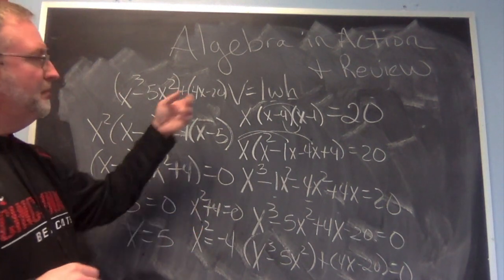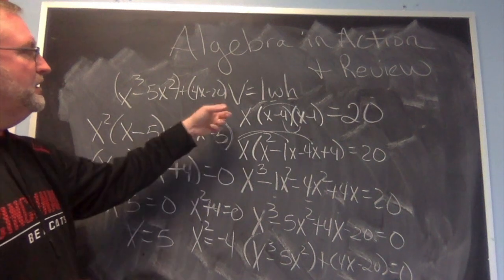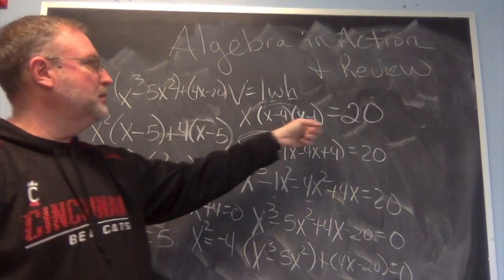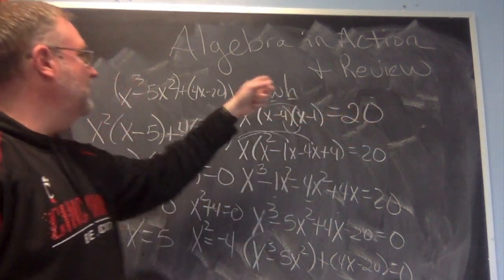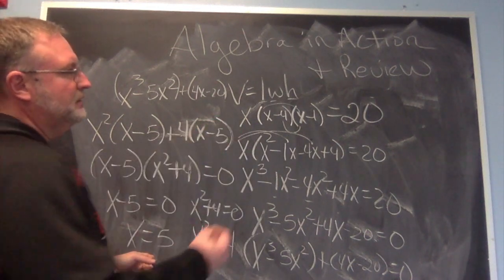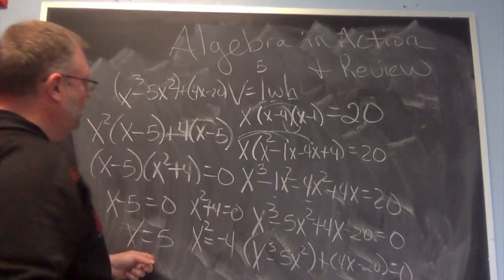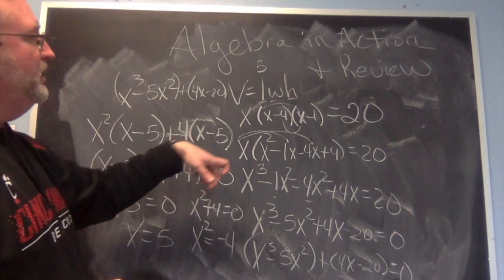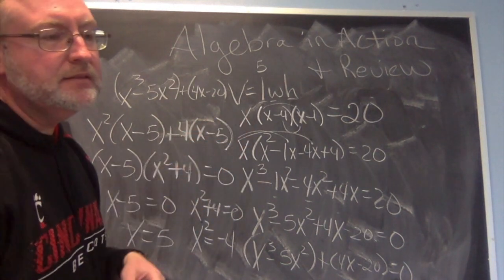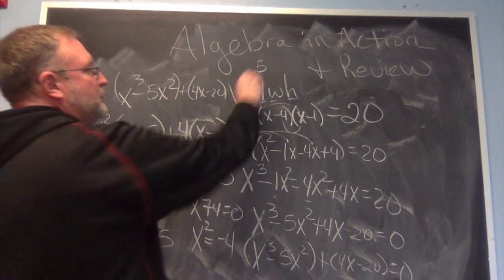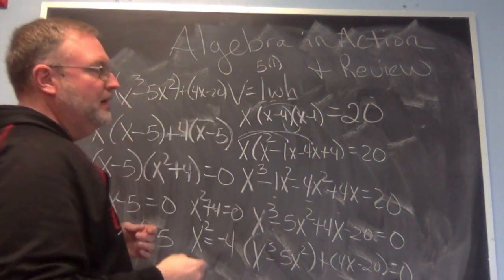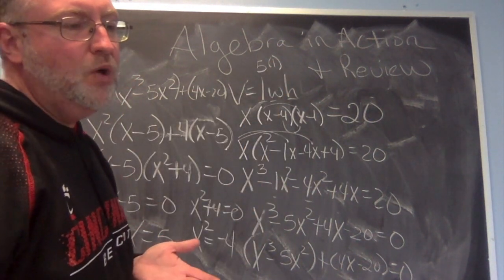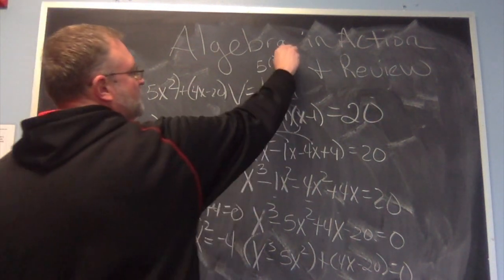So I go back up, and now I can solve this. I know the volume of this problem was 20. So the length is x. What is x? 5. The width is 4 less than that, so 5 minus 4 is 1. The height, it says, is 1 less, so 5 minus 1 is 4.